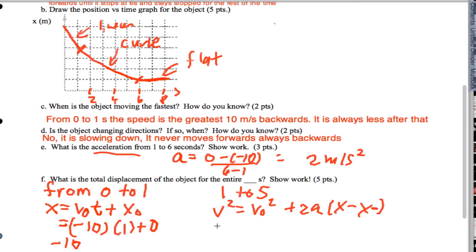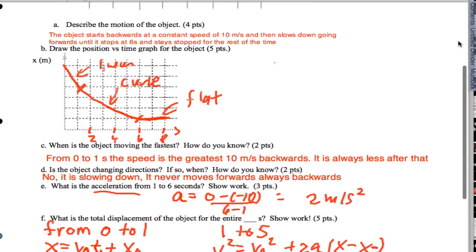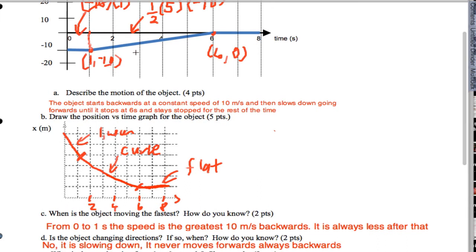And we get 0 squared equals negative 10 squared plus 2 times 2 times x minus 0, just reading numbers off the velocity graph. So I got negative 10 for my initial, 0 for my final. The total time that elapses is 5, but we don't need that in the problem.